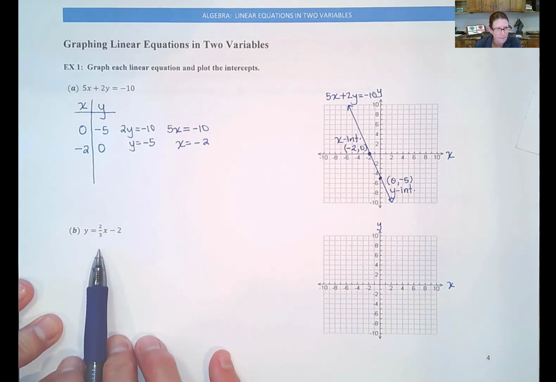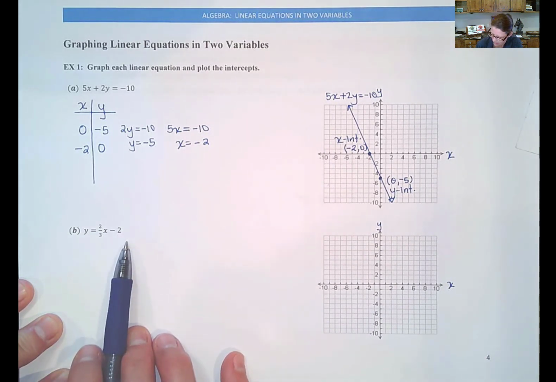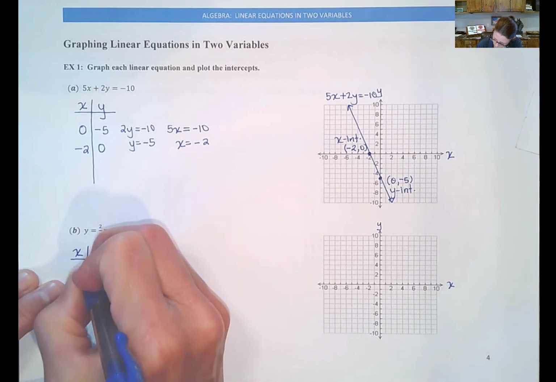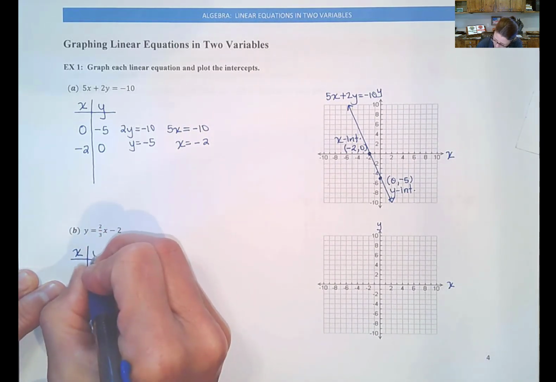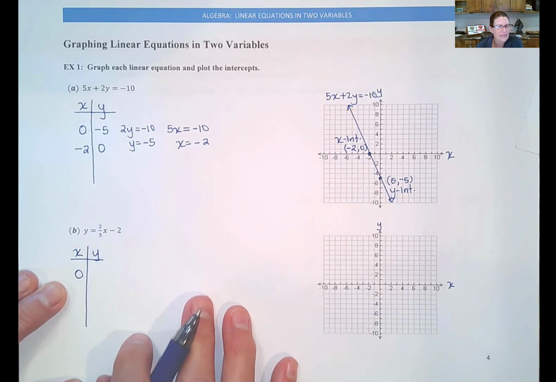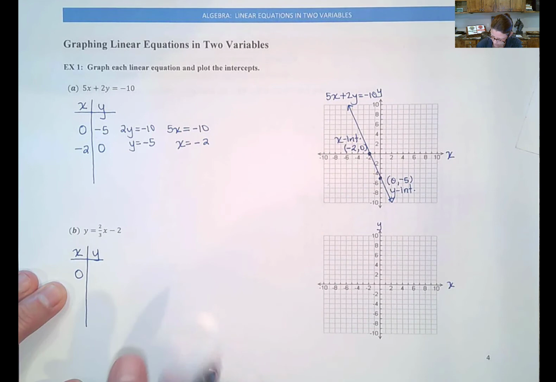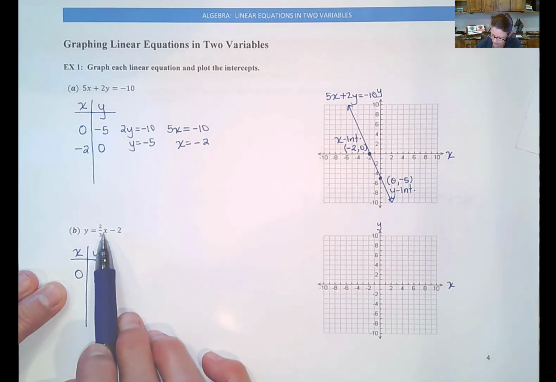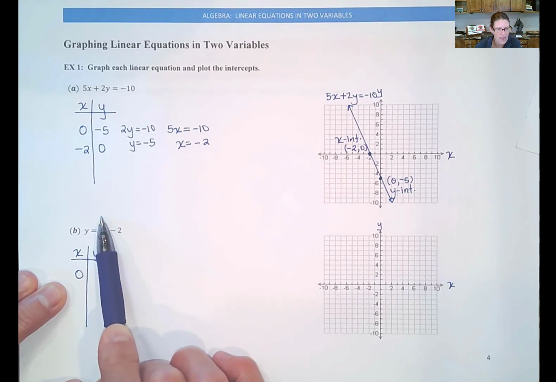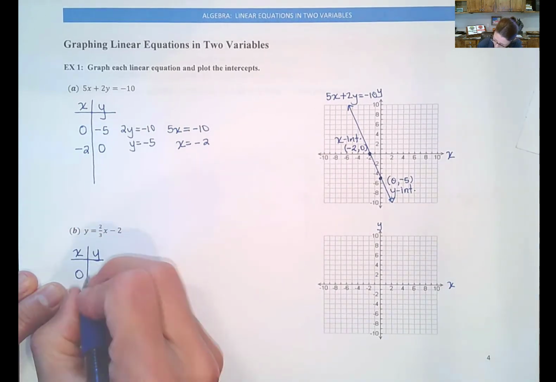In part B, we've got the equation y equals 2/3 x minus 2. Again, we want to plot our intercepts. Let's start with our y-intercept by letting x equal 0. Now, in your equation, if x is 0, 2/3 times 0 is 0, and we have y equals negative 2.